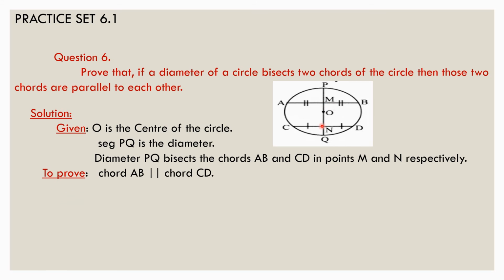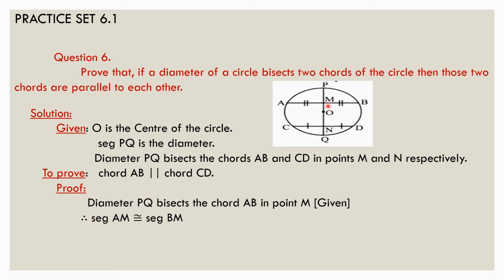And proof. Here diameter PQ bisects chord AB in point M. That is already given. Therefore segment AM is congruent to segment MB.